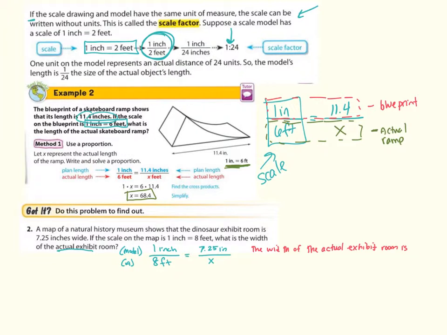Because it says 7.25 inches, it goes on top because it's the map, it's not the actual room. So when you cross multiply and then divide, you actually get 58 feet. So 58 feet is the actual size of the room in which that exhibit is in.